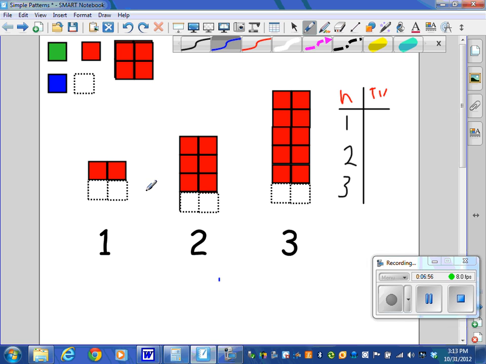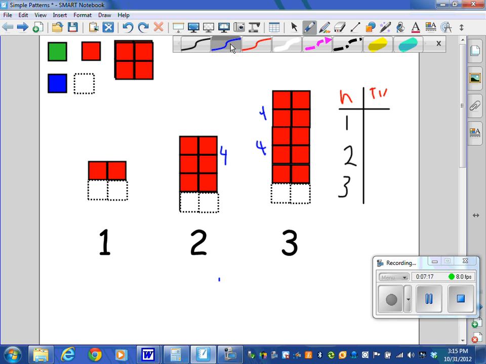Okay, so I've changed the pattern up a little bit. So here we go. Now I see 2 red blocks plus these ones, but I see the change. There's the 2 original plus these 4, and then there's the 2 original plus 4 plus 4.